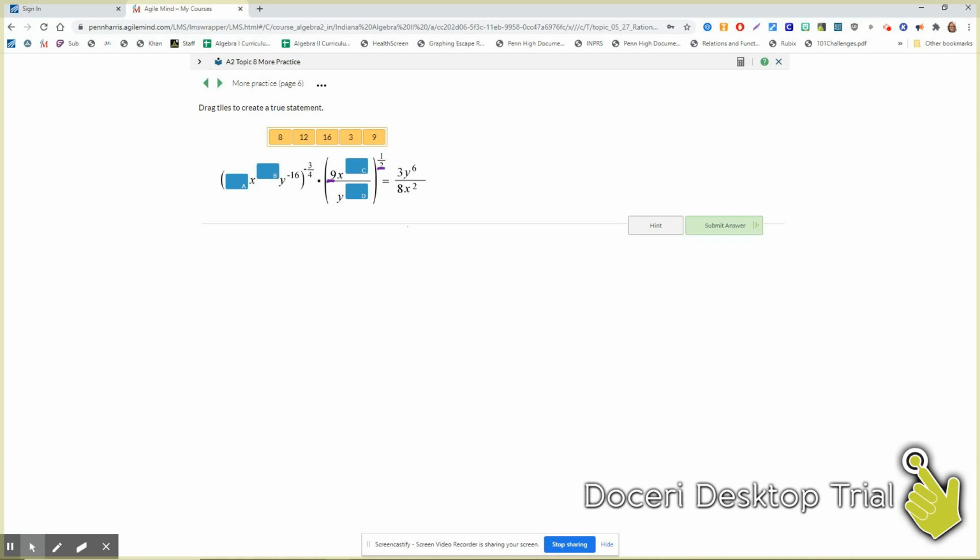So now I just need to figure out what goes in this a spot that when raised to the -3/4 power gives me 8. So it's like saying, what is in here that looks like this that gives me the answer of 8? Well, you can try these, guys. I mean, worst case scenario, you can plug in.